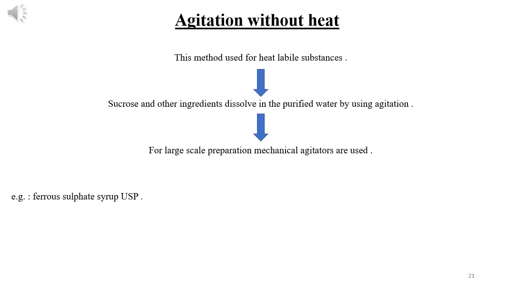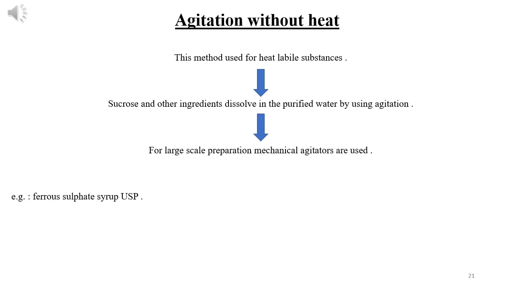Sucrose and other ingredients are dissolved in purified water by using agitation. It is a simple process. For large preparations, mechanical agitators are used, meaning mixing is performed by a motor, or electrical agitators. The most important example of this formulation is ferrous sulfate syrup USP.